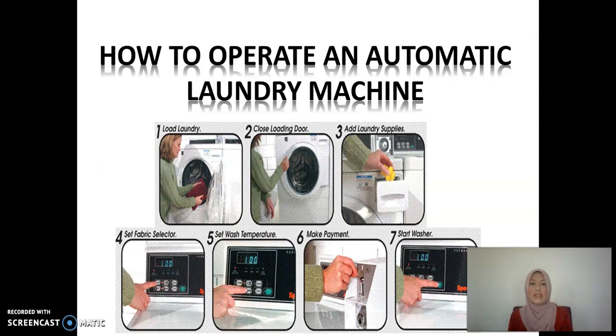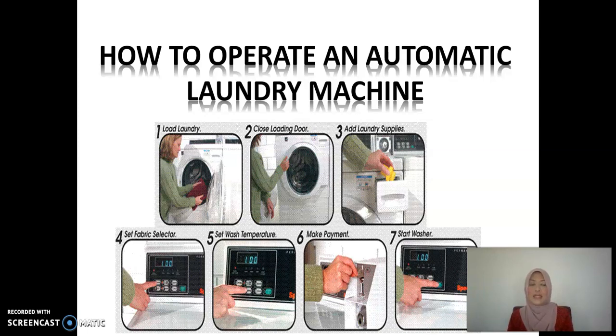Alright, this is an example of technical communication. First, the purpose is clear. It intends to guide users on how to operate an automatic laundry machine. Thus, the audience is specific: users who want to utilize or operate this particular automatic laundry machine, so that this manual can guide them on how to use it.